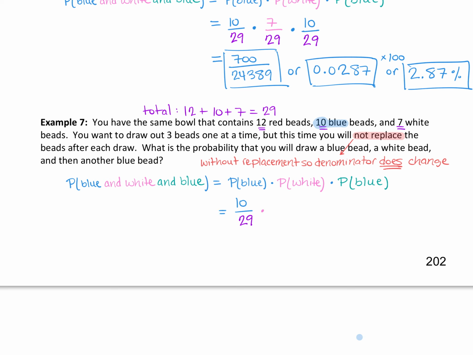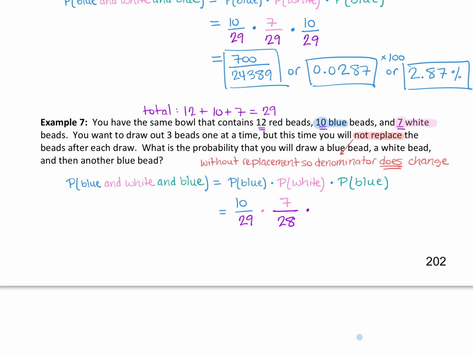So we draw out a blue, but we don't put the blue back. The blue is gone. So now there's only 28 beads in the bowl. And we want to know how many white beads there are. And there are 7 white beads.